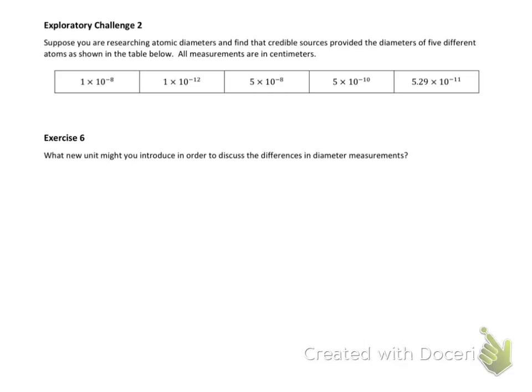Okay, so the last thing here to do is this exploratory challenge where you're researching atomic diameters and you end up with these measurements here. So what this exercise asks you to do is just what we did in the last example with the MEs, but it asks you to do it for really small numbers here.